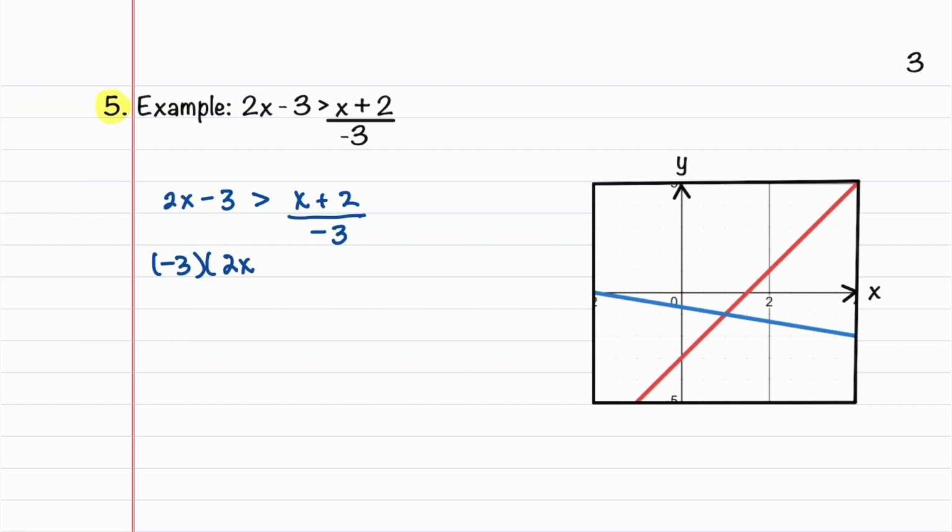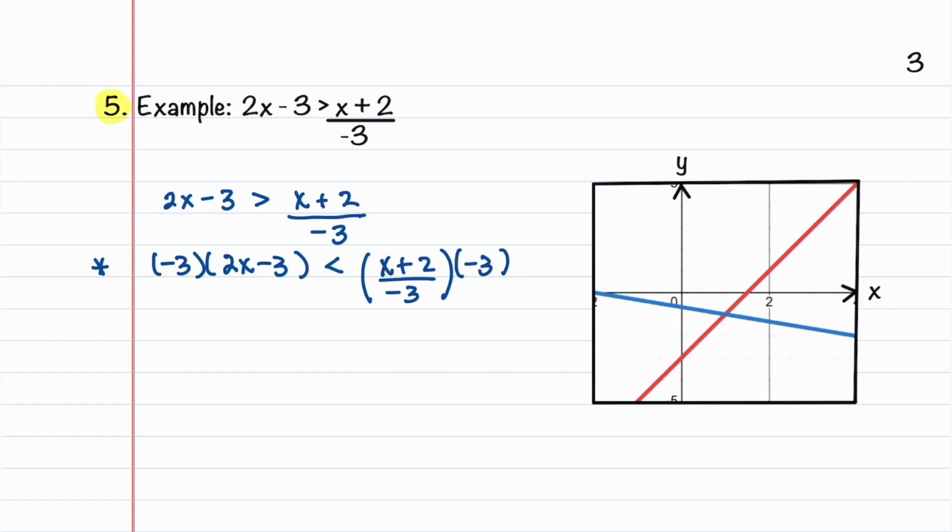We have minus 3 times 2x minus 3. Now we have to be really careful. I'm going to put another star here. When we multiply by a negative, we have to change the inequality. So instead of a greater than, we have to change it to a less than. And then we'll multiply that side by minus 3.